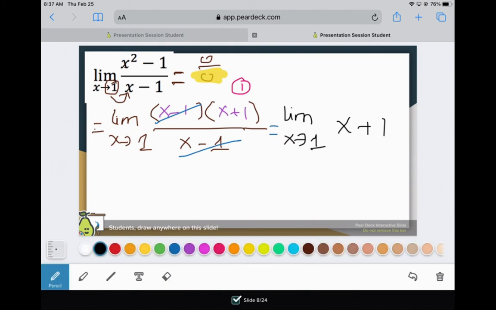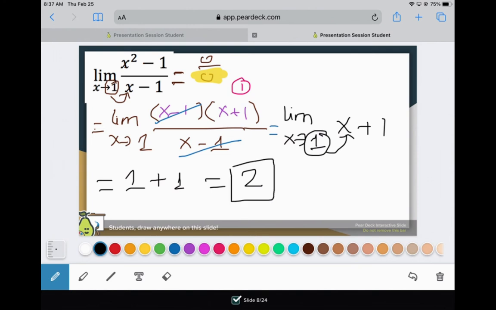Now I have the limit as x approaches 1 of x plus 1. What are my next steps? Plug 1 in for the x. Yes, so 1 plus 1 gives me 2. This is my limit.